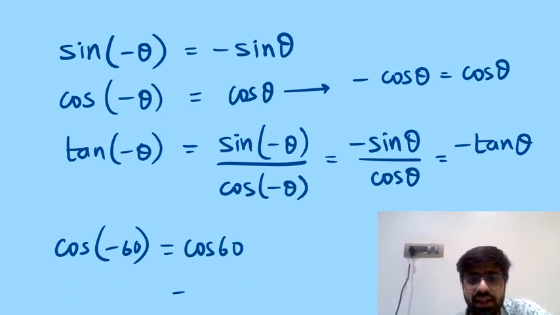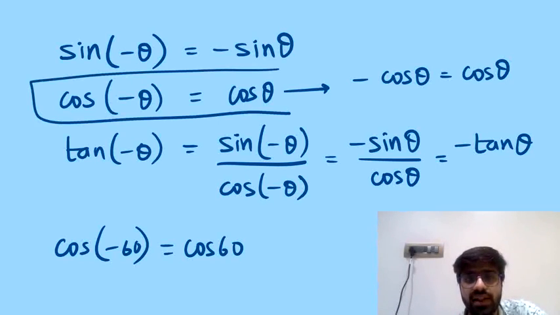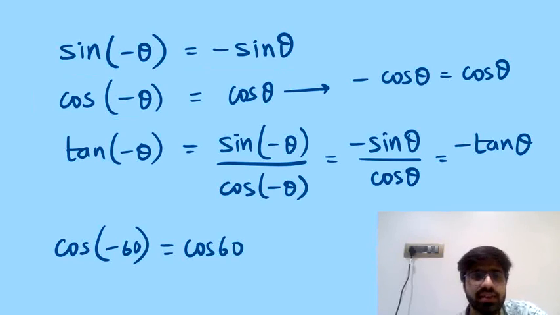Only the negative sign inside the cos can be dropped, so the result is cos of minus theta is cos theta. You can avoid writing that minus sign and say that cos of minus 60 will be cos 60, only if the minus sign appears along with the angle inside the cos.